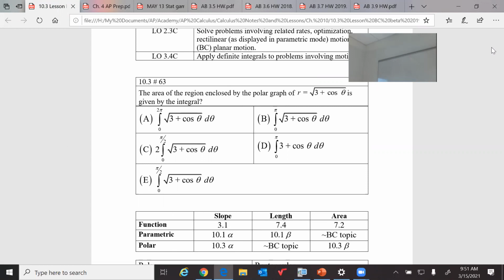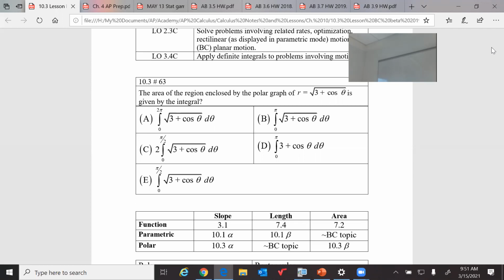Why? Because you're just trying to use the algorithm we just showed you for what the area would be, which is 1/2 r squared d theta. Anti-differentiate that from the lower to upper limit. So what you need to do is you need to have the limits. That's what you need to be able to find.